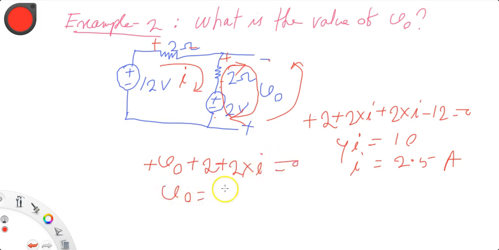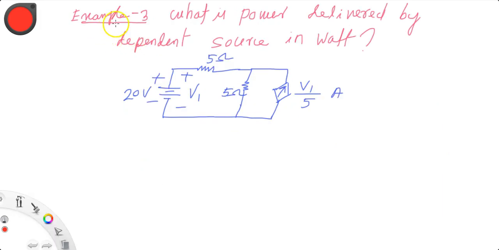So V0 equals 2 minus 2 minus 2 into 2.5, that is minus 7 volt. Clear? So that is example 2.